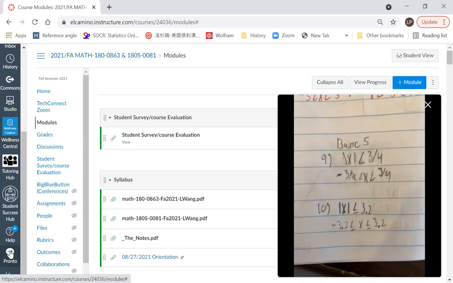Click the little circle that's going around to reset the page.